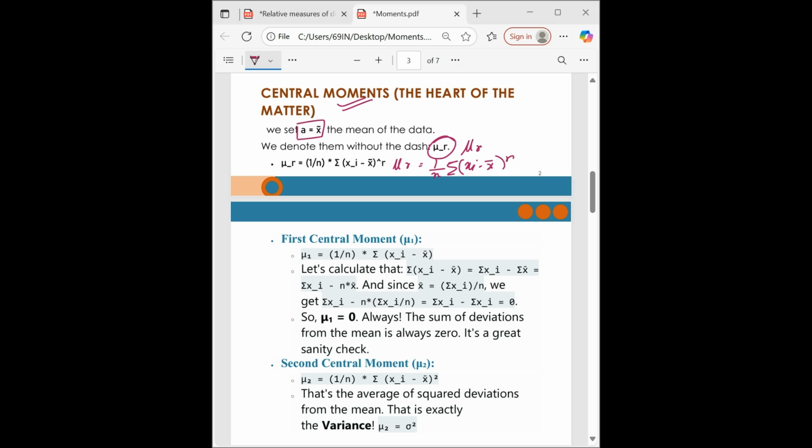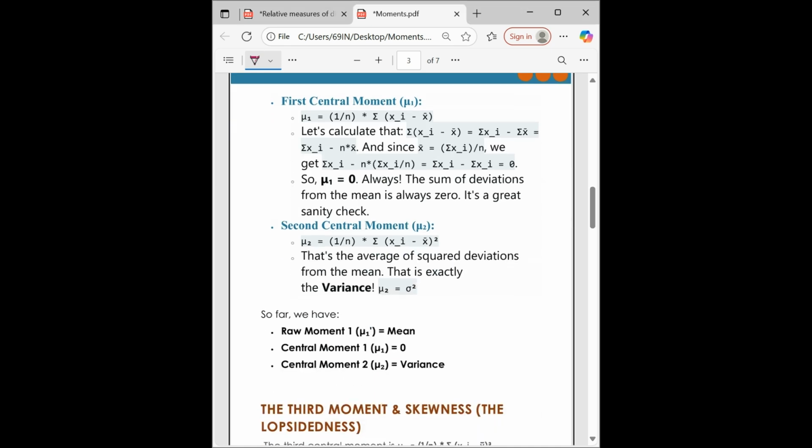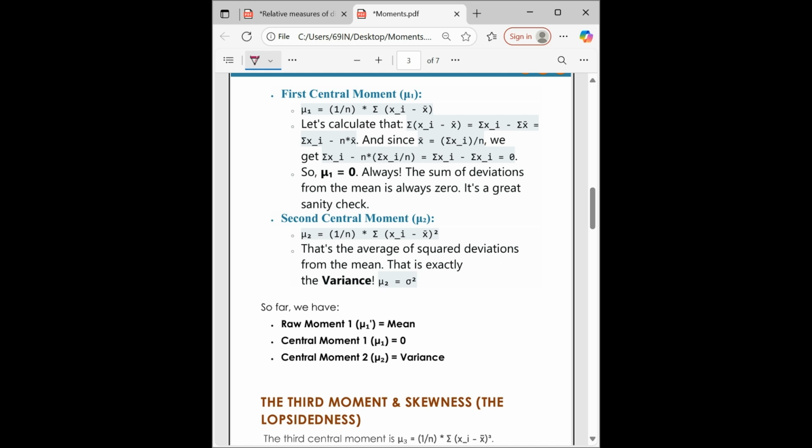These moments measure everything around the mean. Let's see the first few, which you already know and love. First central moment, mu1. Mu1 is equal to 1 by n into summation (xi minus x bar). Let's calculate that.